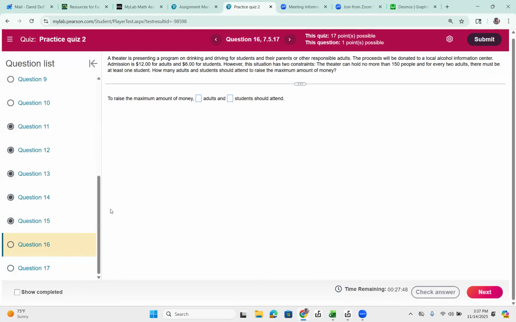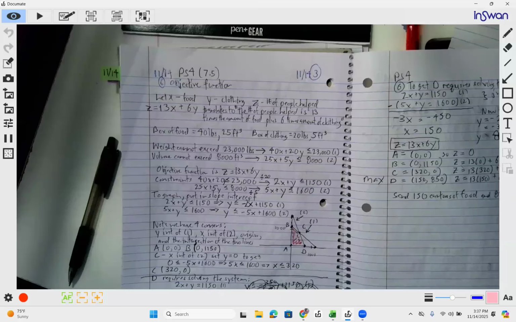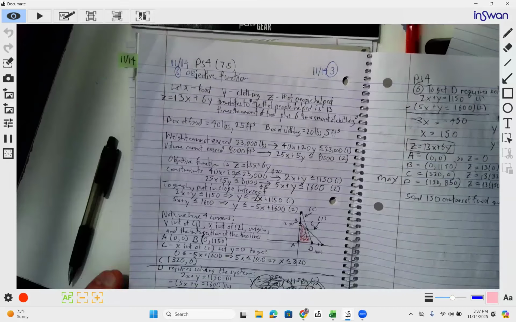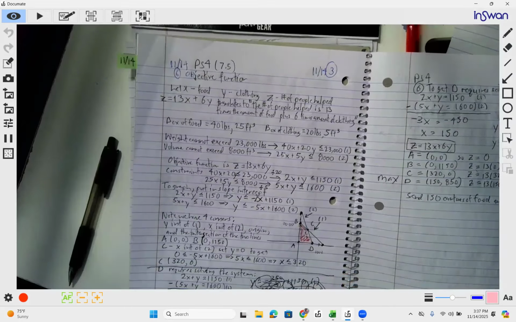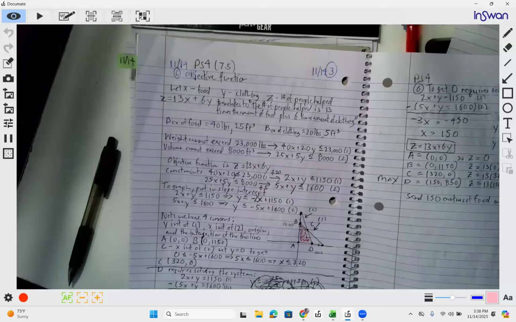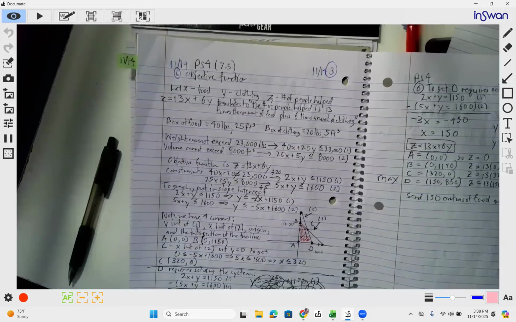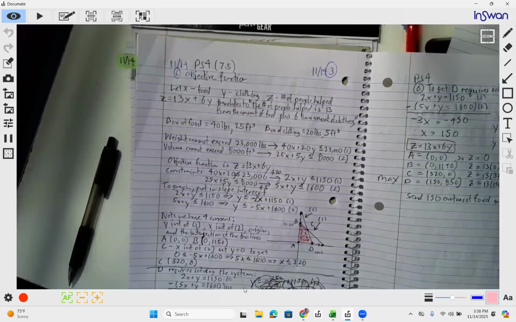When you're doing these problems, there's one of two possible problems that you're going to see. You're either going to see this one right here, which took me 2 pages to solve, by the way, where they tell you you're delivering food and clothing to an area that's impacted by hurricanes, and they give you an objective function and your constraints.